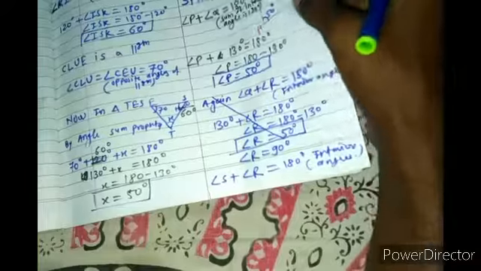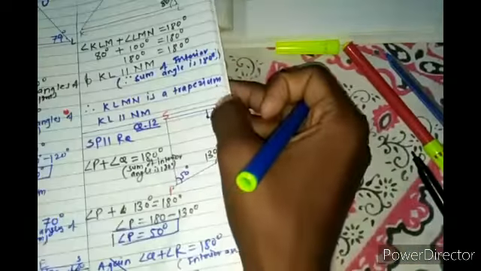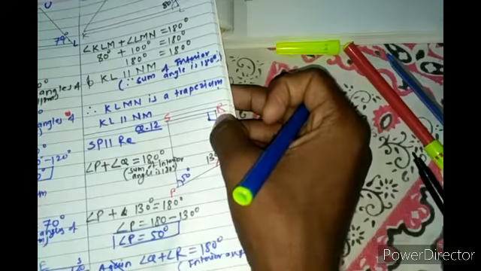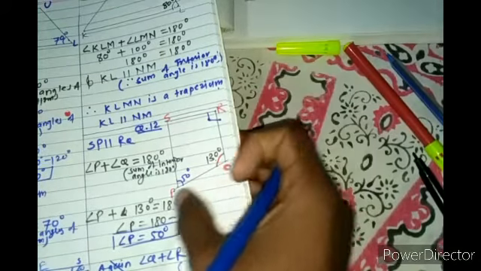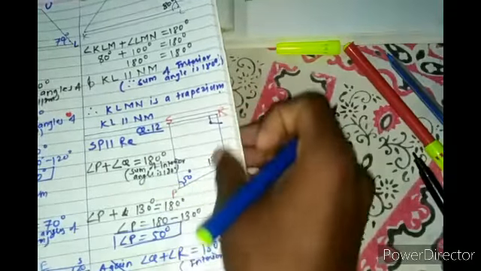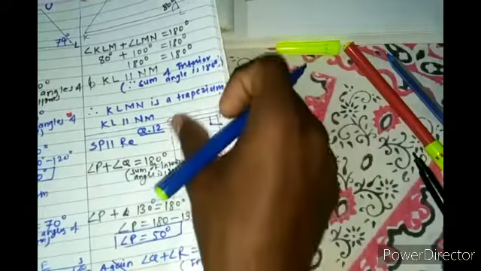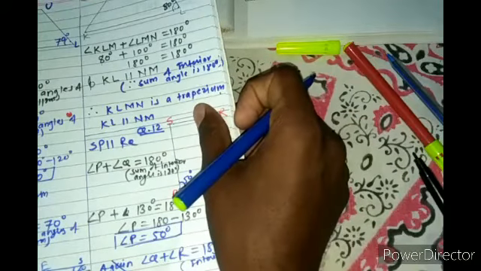Yes, there is one more method. What is that method? If you know R, we can add all the angles of this quadrilateral and apply the angle sum property of a quadrilateral, which is equal to 360 degrees.